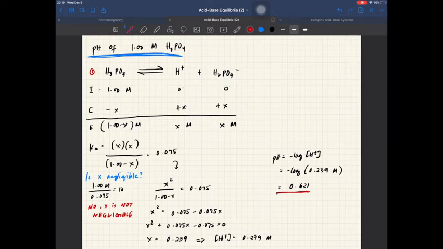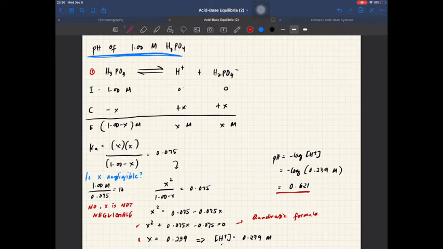So evaluating this expression, we get a quadratic equation: x squared plus 0.075x minus 0.075 equals 0. Using the quadratic formula, you may use your calculator or an online quadratic equation calculator. You can just search it in Google and you get the value of x, which is equal to 0.239, and that is the concentration of the hydrogen ion.